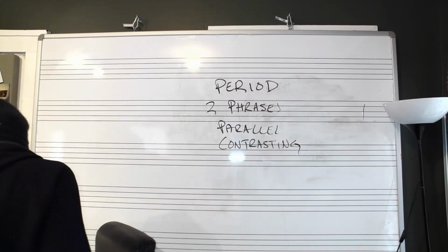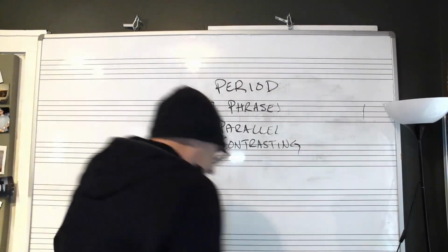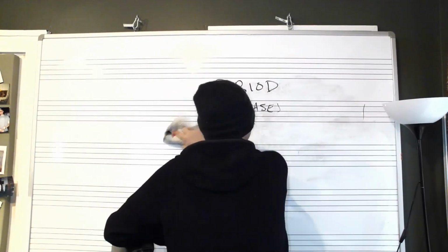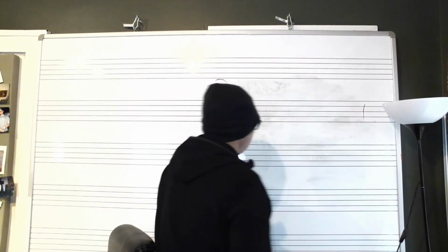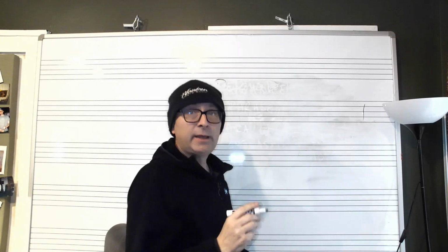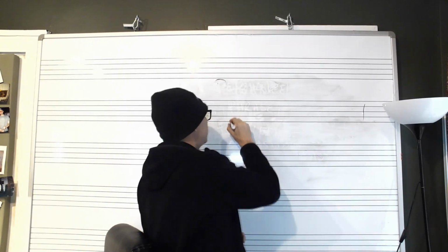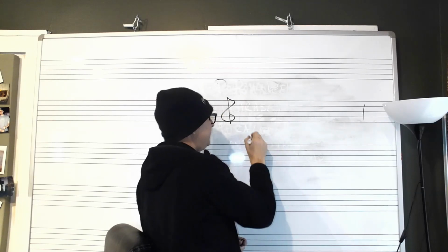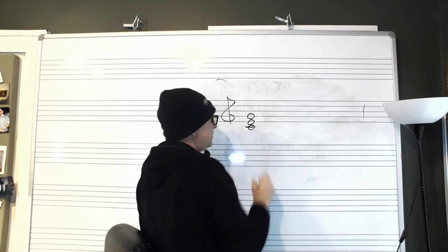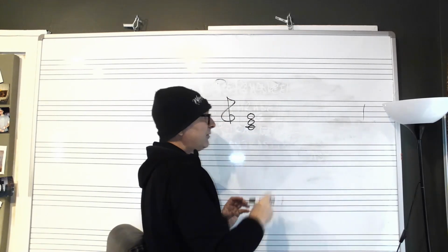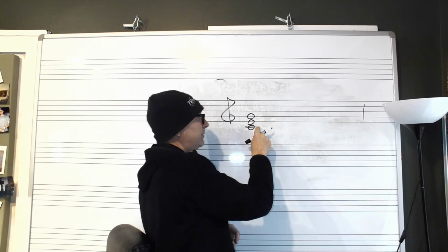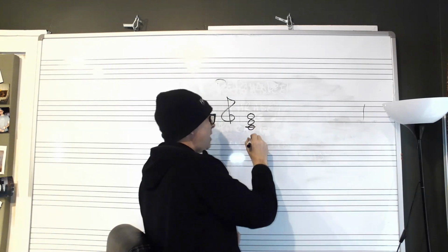And so when you're looking at a phrase, if the phrase ends on the tonic chord, let's think about the key of C. The tonic chord consists of these 3 notes. If the phrase ends on one of these 3 notes, then it's an authentic cadence.